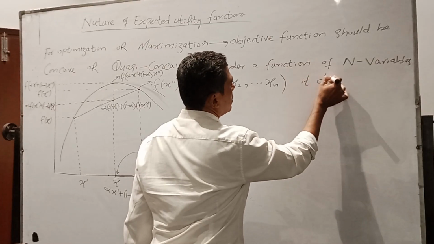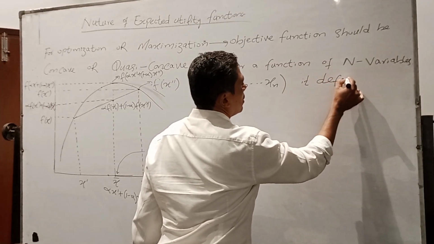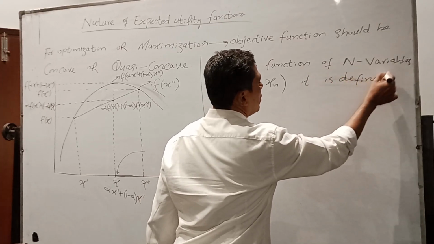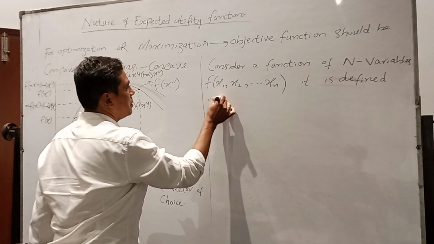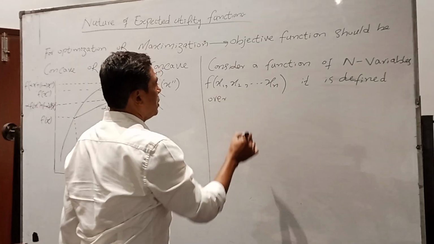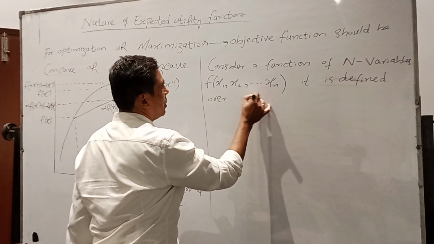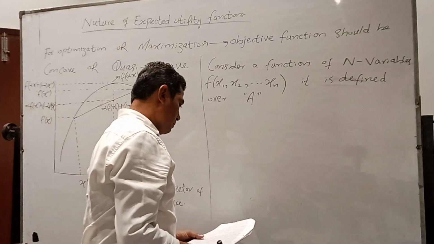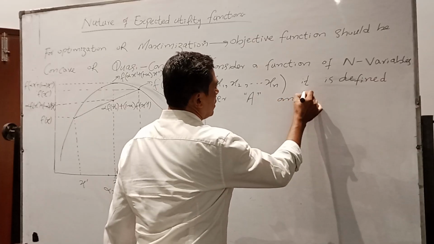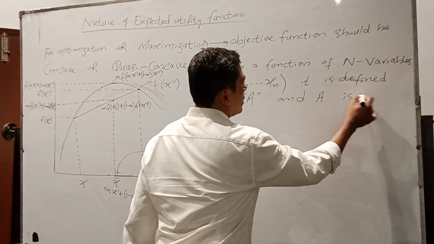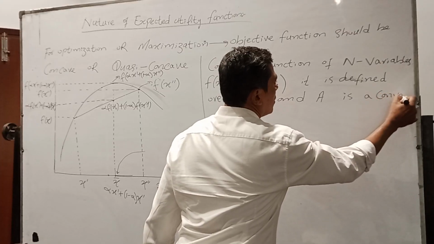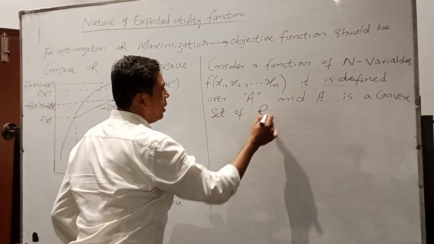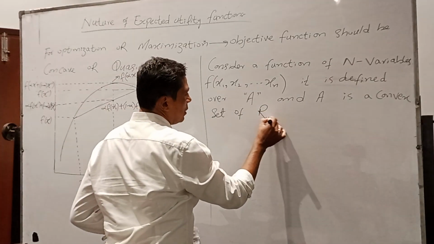It is defined over A, and A is a convex set of R^n.